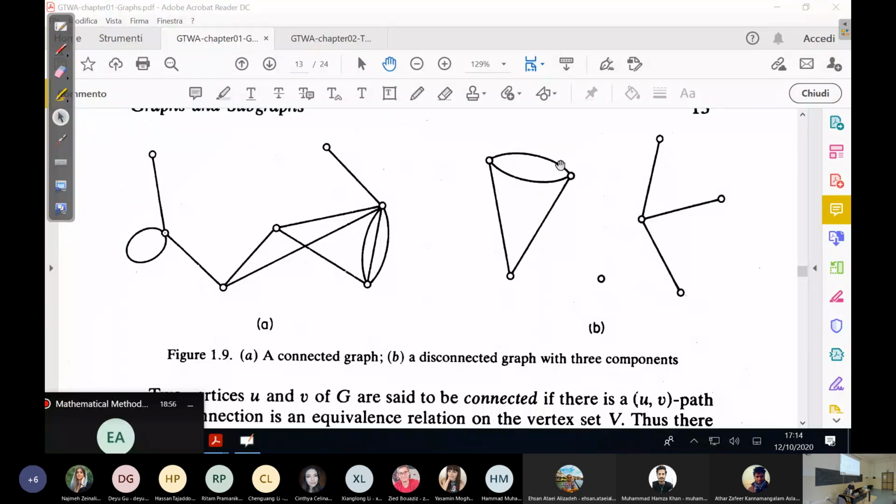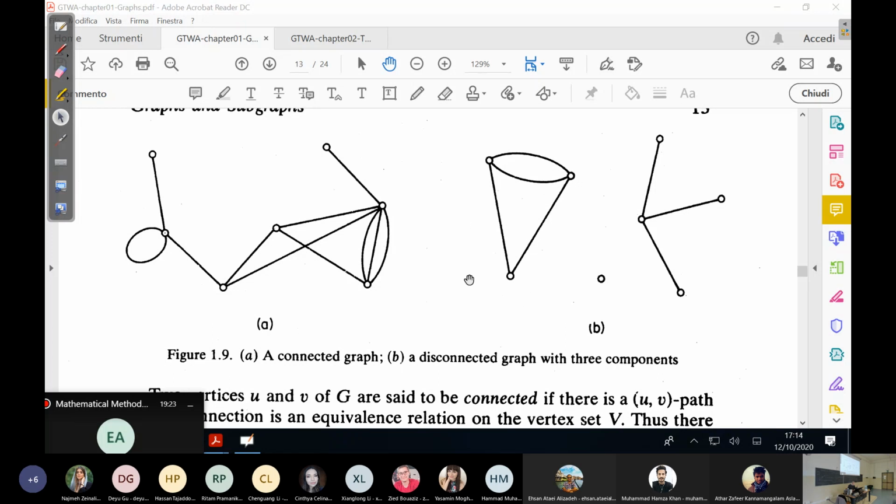Same thing if I add this vertex or these two vertices. You don't have any path from here to here. And what if I take these two vertices and this edge? This is also a connected subgraph, but it's not a component, because there is a bigger subgraph, this one, which is still connected.